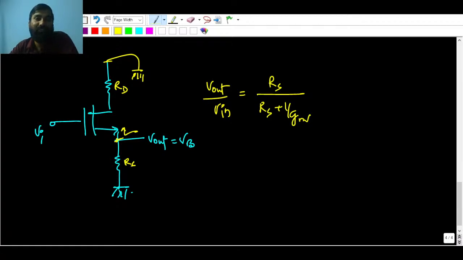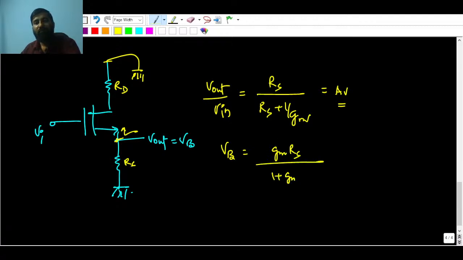I hope that makes sense. So this is AV. So from here, BV will be equal to Gm RS upon 1 plus Gm RS.